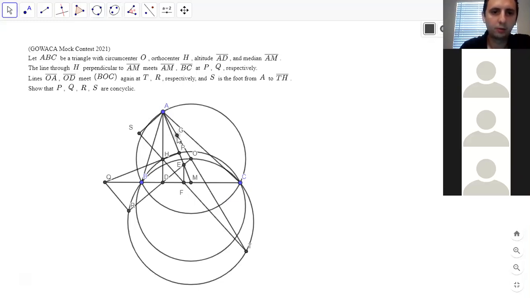And I'll delete G, we don't need that. So I'm trying to make H an orthocenter. I don't know if it's worth doing that though.